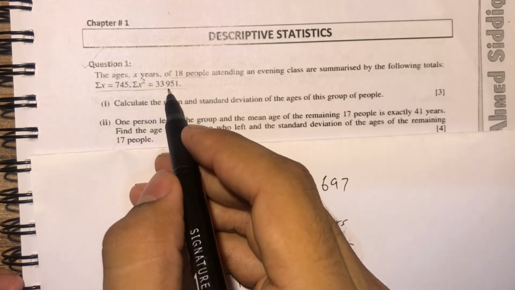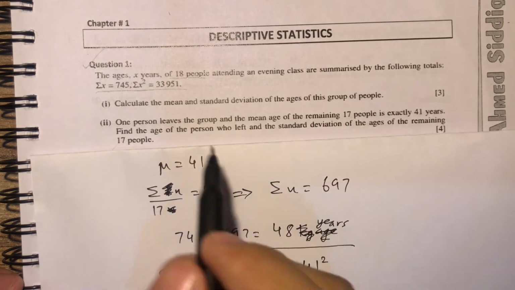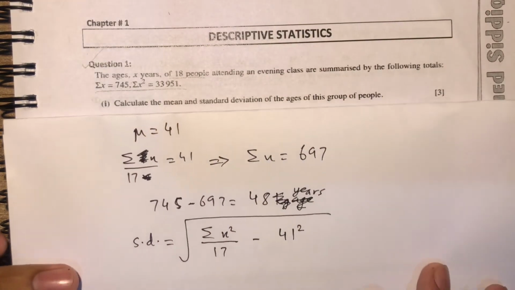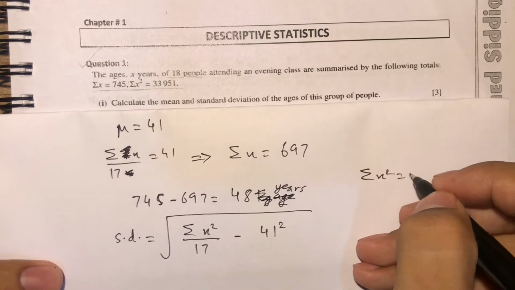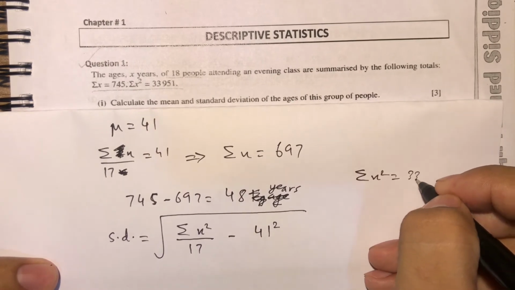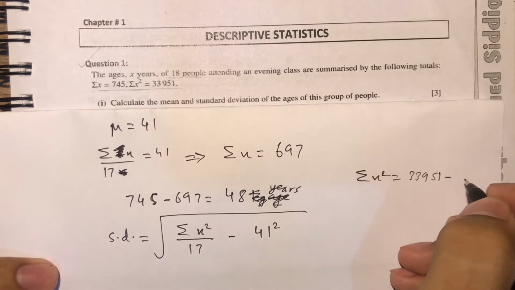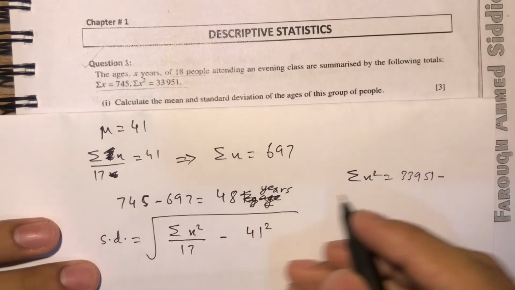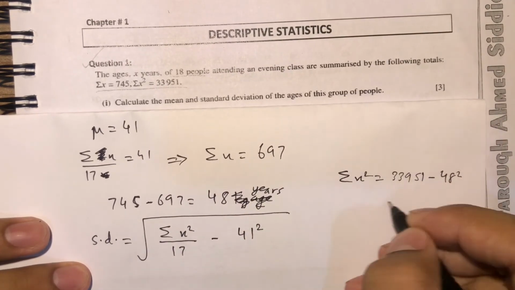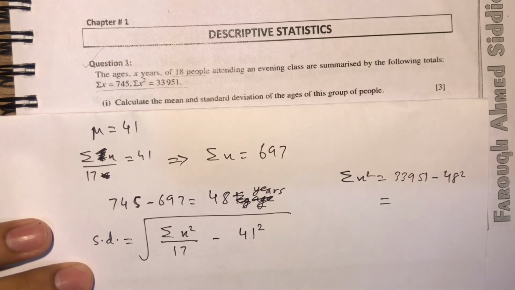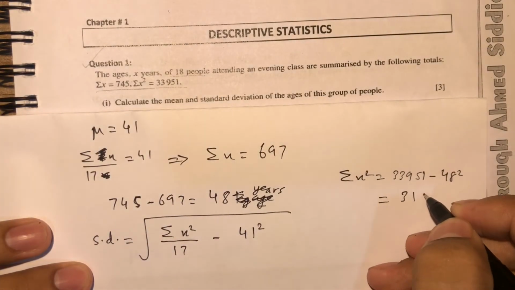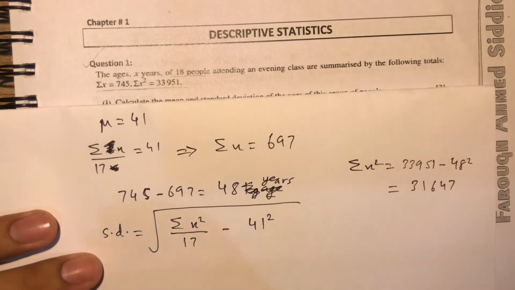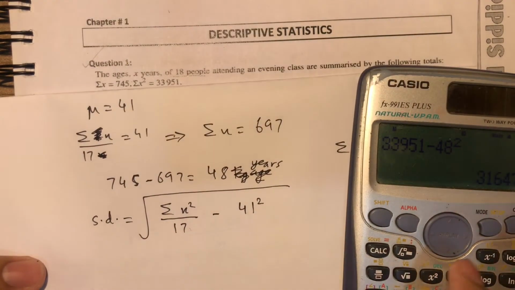So if we square the age of the person who left and subtract it from this, we'll get the new sigma x square, right? So for the new sigma x square, we'll have 33951 minus the square of this person's age, 48 square. This is coming equal to 31647. So we'll replace sigma x square by 31647.